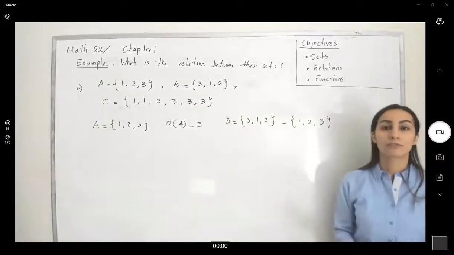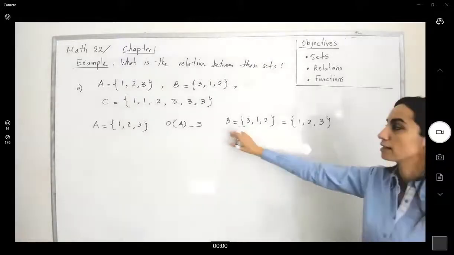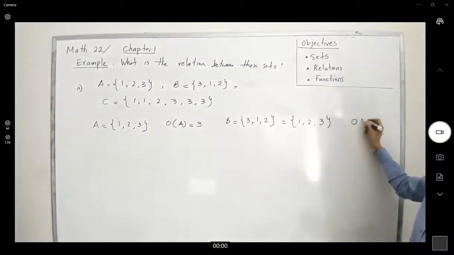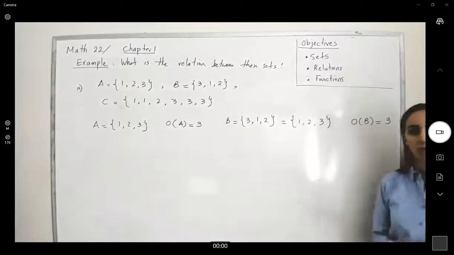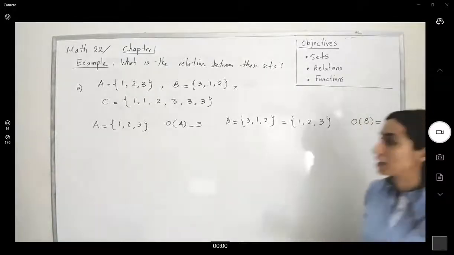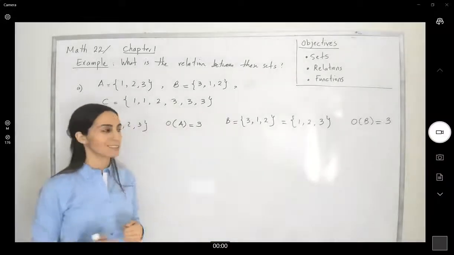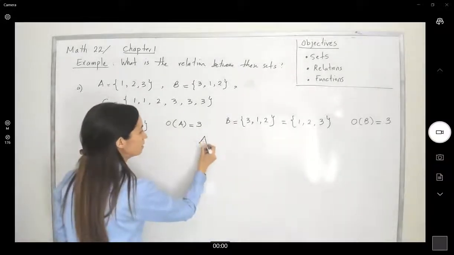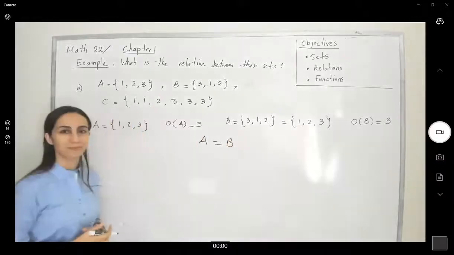It's different from an ordered pair. What's the cardinality of set B? Cardinality of set B is also 3. Well, what's the relation between A and B? As you can see, A and B are the same. So we write A is equal to B.